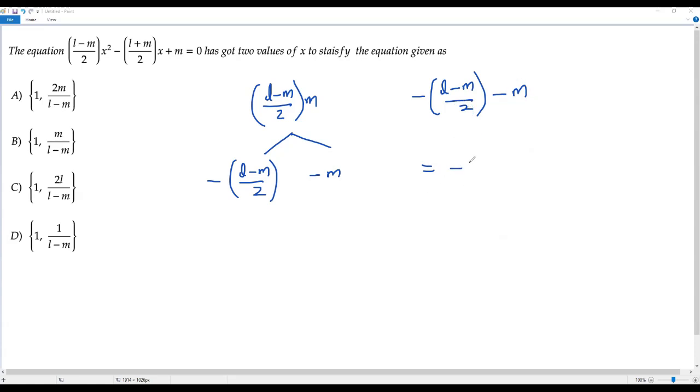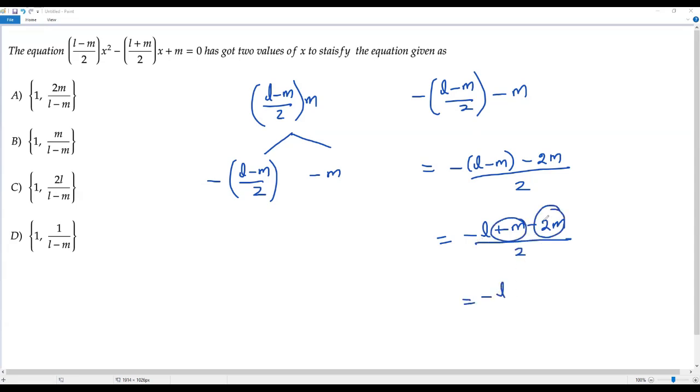Let me write it: negative of (L − m), keeping the negative sign as it is, and multiply m by 2 to get 2m, all over 2. Now the negative sign can be distributed to L and negative m, giving negative L, positive m, negative 2m divided by 2. When I combine positive m and negative 2m, I get negative m, so the result is negative L minus m over 2.